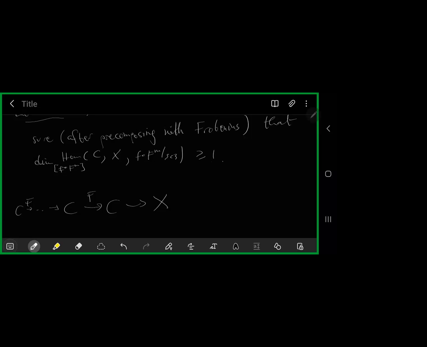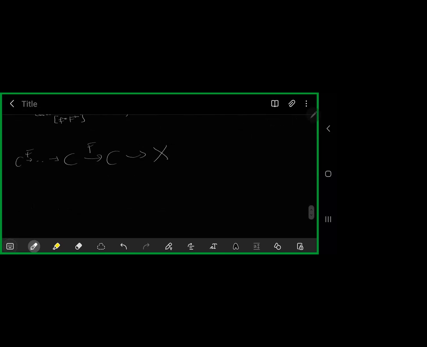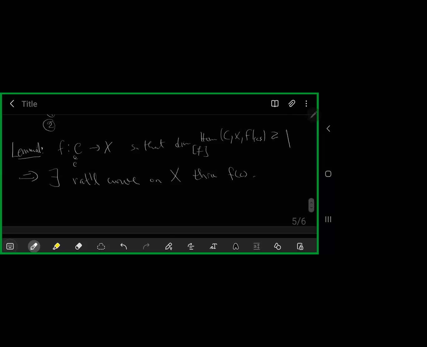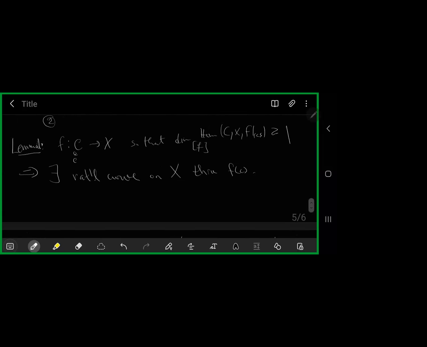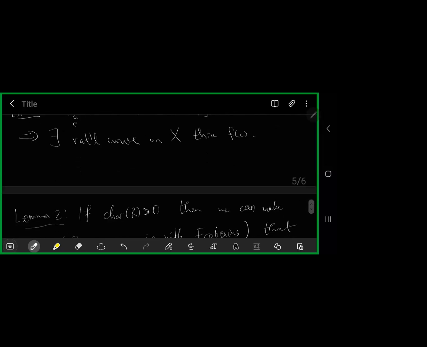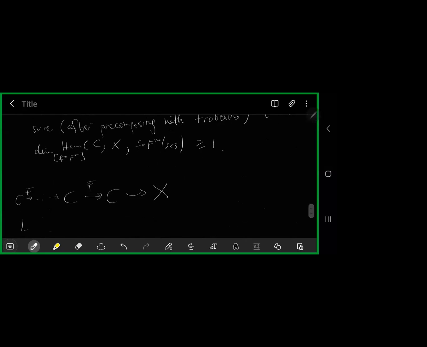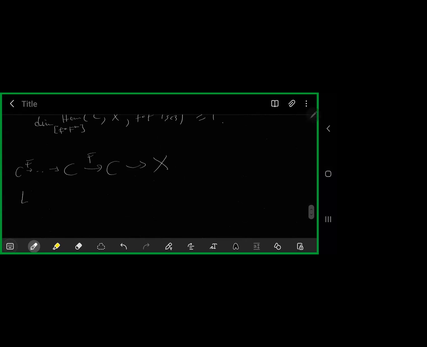And then there's some more that has to be said, which is, now are we done? Well, we are done in characteristic P, because we have this lemma which says there exists a rational curve in X through F to C if this dimension bound holds, and then we're saying that this dimension bound holds in positive characteristic. But then the question is, what about characteristic 0?